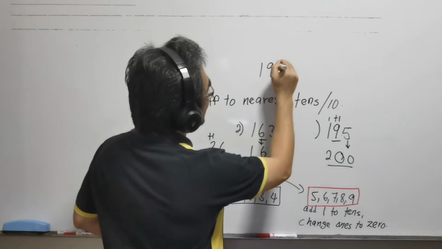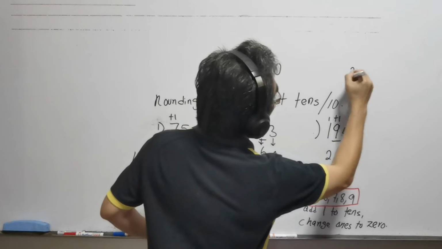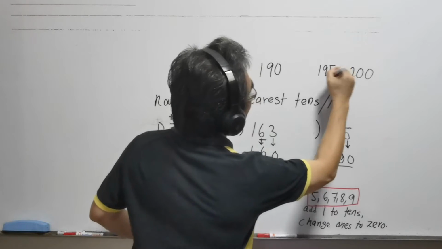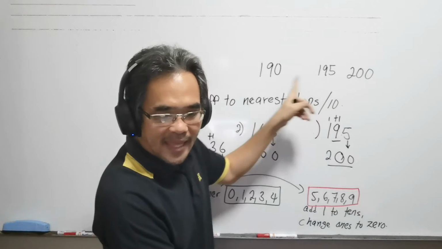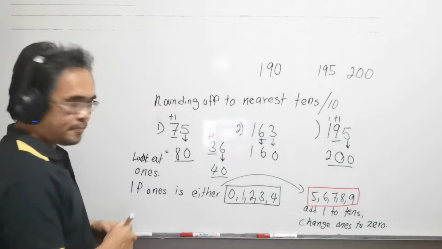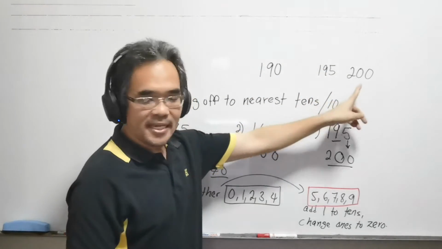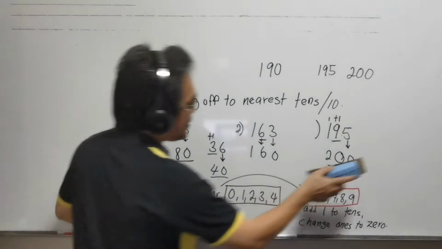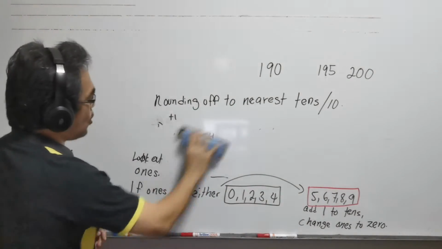So like this, 190 is here, and then 200 is here. 195 is a little bit nearer to 200 than 190. Okay? So we have not finished yet. We have more examples to come before you can do it on your own.